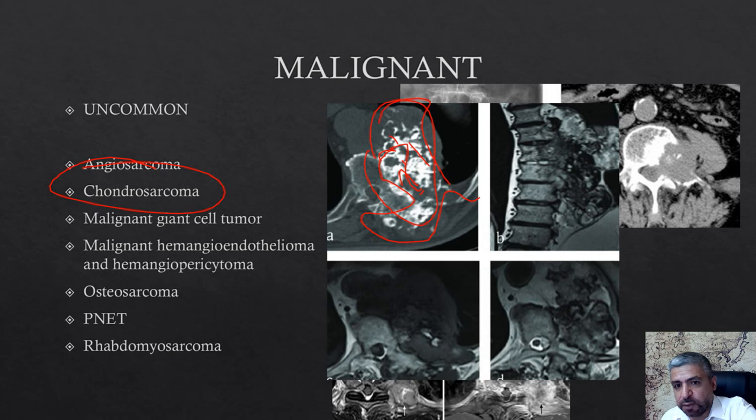You can see the surrounding tissues are destroyed, and you can see in this MRI it's a large, huge lesion, and it has this characteristic appearance of arcs and dots, and this is typically seen in chondral lesions, like in chondrosarcoma in this case. Also, you can see in the axial images, it has a large soft tissue component with multiple hypointense areas involved, which represents the calcific foci.